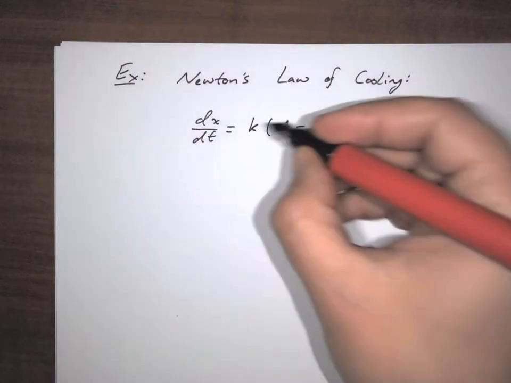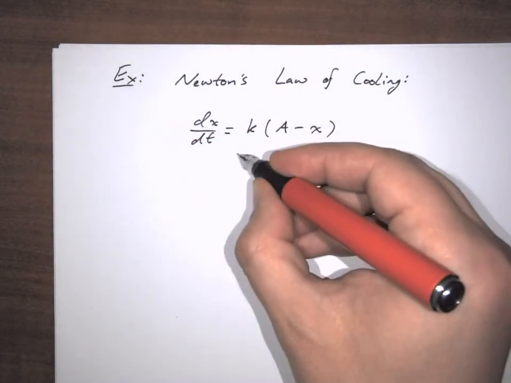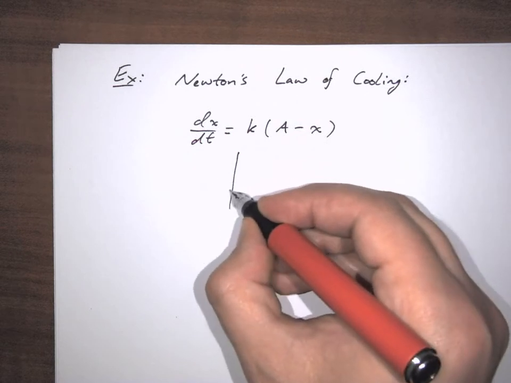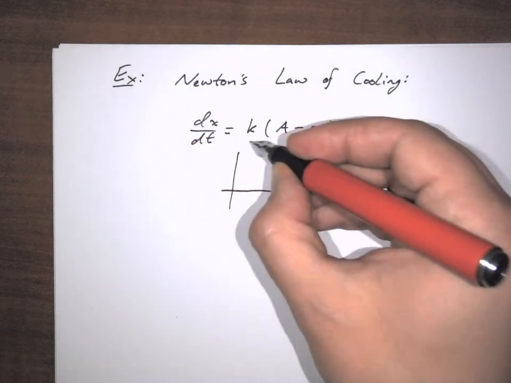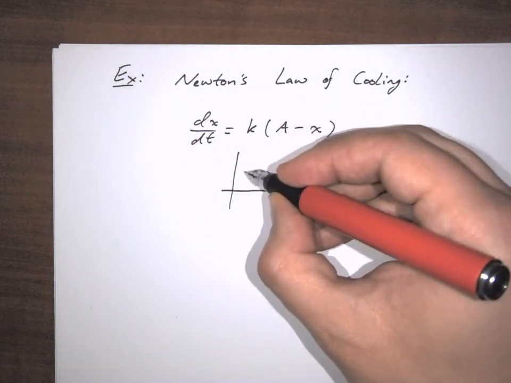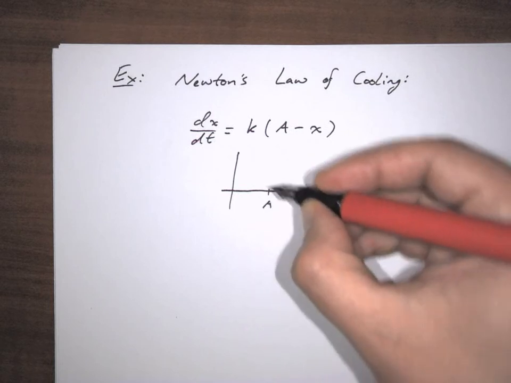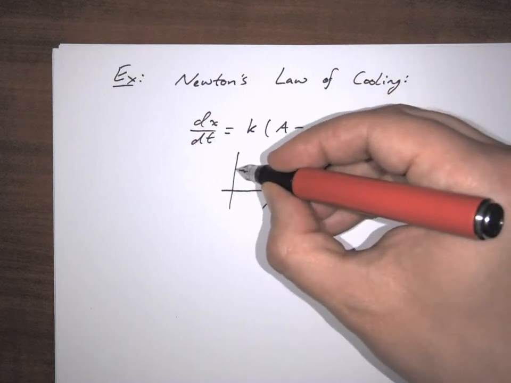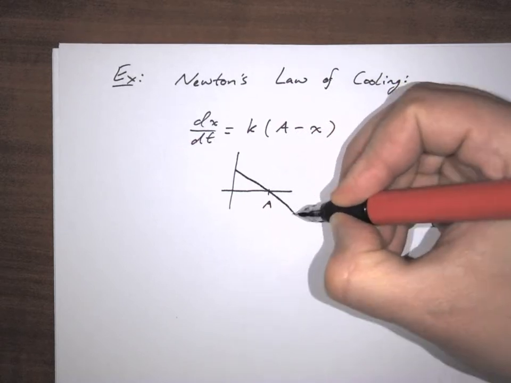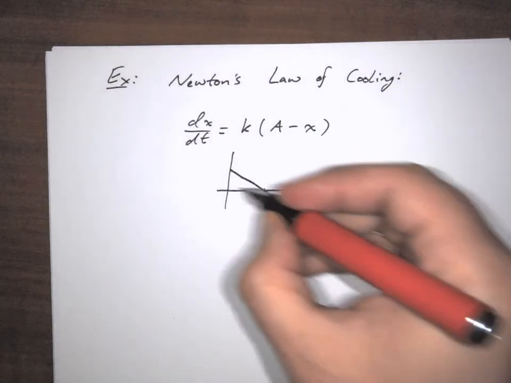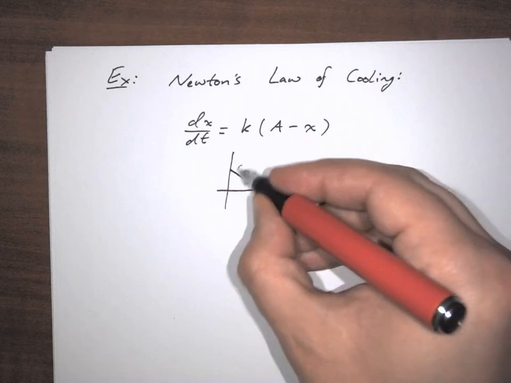In other words, the ambient temperature minus whatever the current temperature is, times a positive coefficient. Now, if we were to graph this, we would get something that crosses, linear, and it goes down like that, and it will be positive on this side and negative on this side.